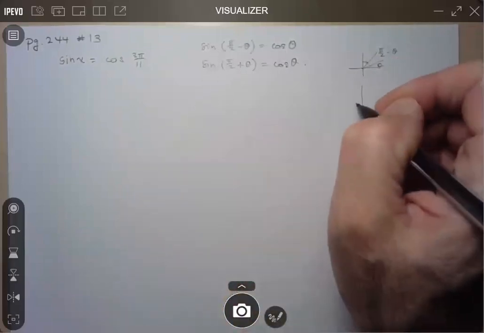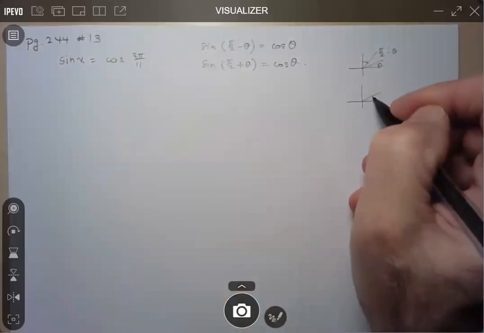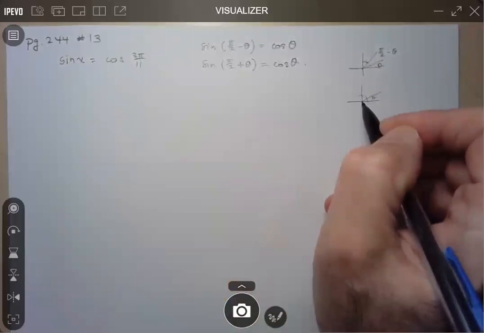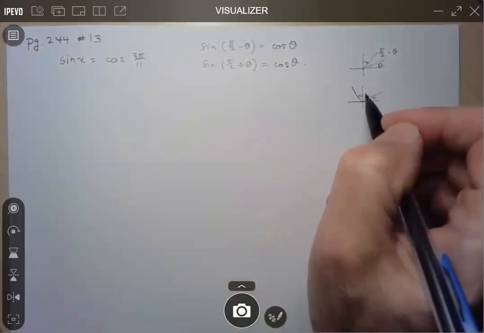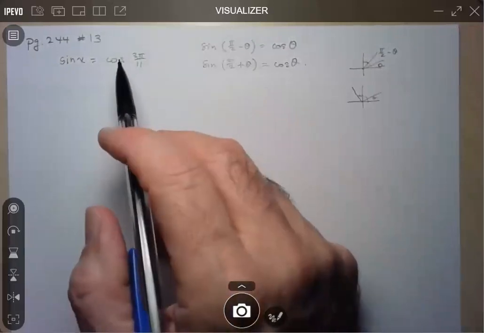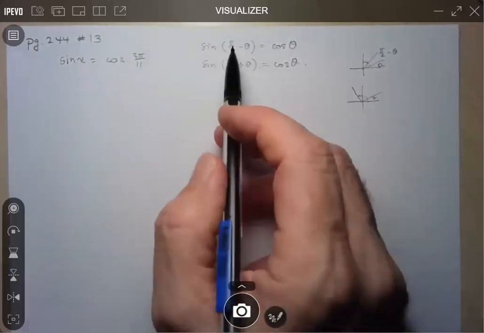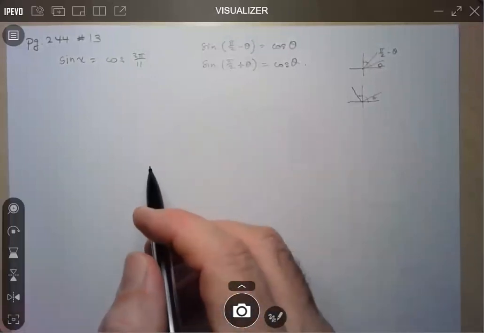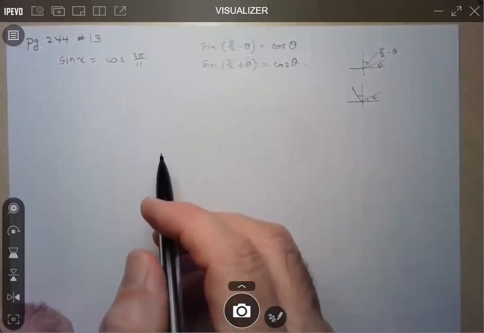Whereas similarly, if this is my 3 pi over 11, pi over 2 plus 3 pi over 11 is going to be in the second quadrant. Like I said, if I was just looking for any old answer that would satisfy this equation, I could use either one of these. They just threw in a little extra thing to think about.